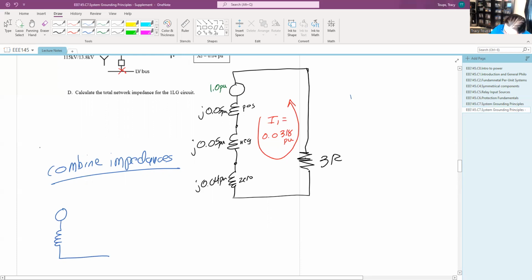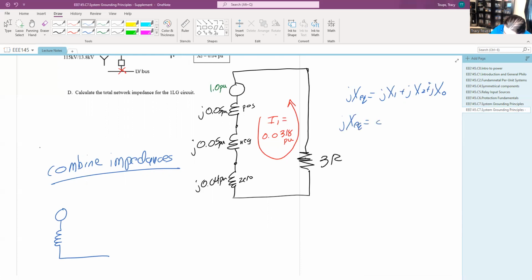I'm going to write over here, JX equivalent is going to equal JX1 plus JX2 plus JX0, right? And that can be 0.05 plus 0.05 plus 0.04. Don't forget the J. Okay, so that's going to be 0.14 per units.